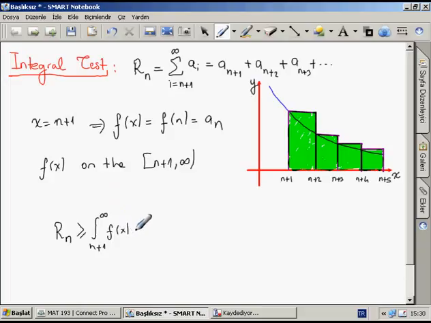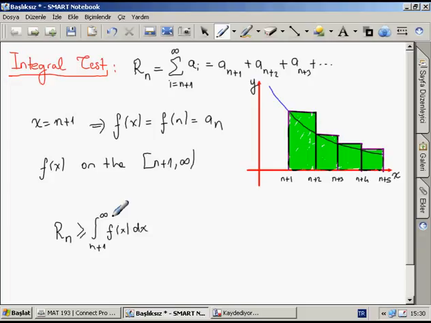of f of x dx. Next, we could also estimate the area by starting at x equals n, taking rectangles of width 1, and again using the right endpoint as the height of the rectangle. This will give us an estimation of the area under f of x on the interval n to infinity.